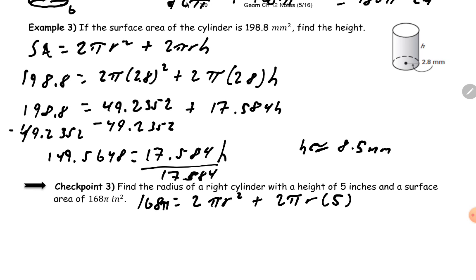Luckily, everything shares a pi, so I can get rid of pi by dividing everything by pi. And this only works because everything has pi in it.